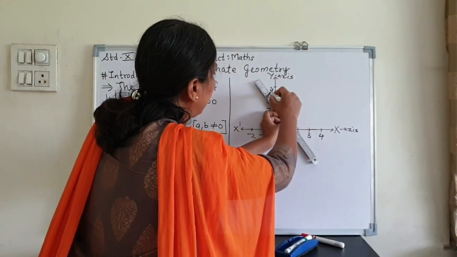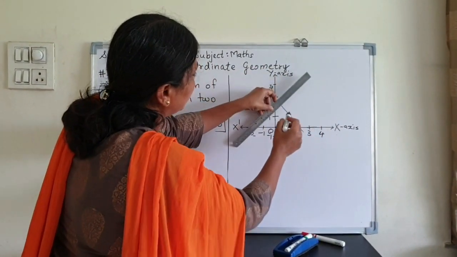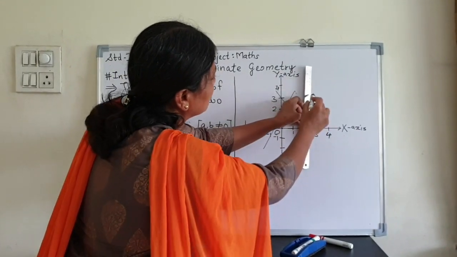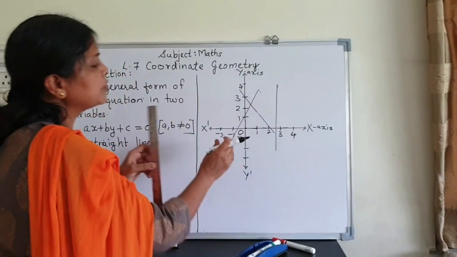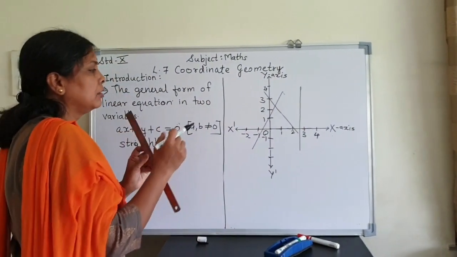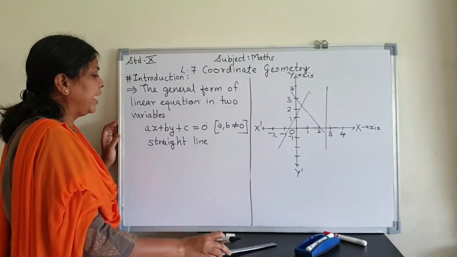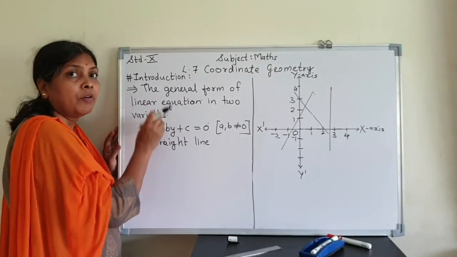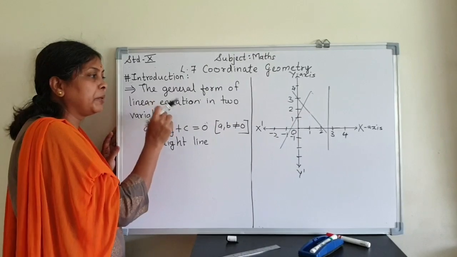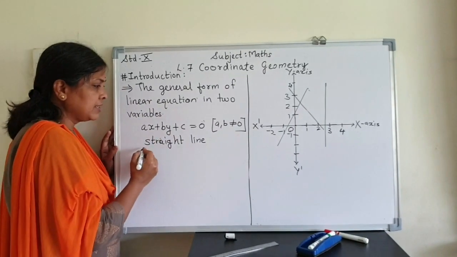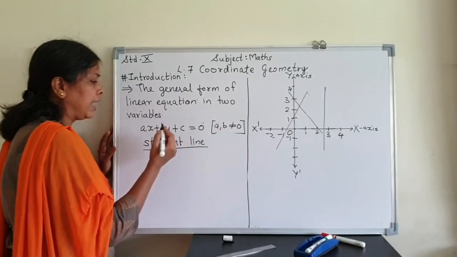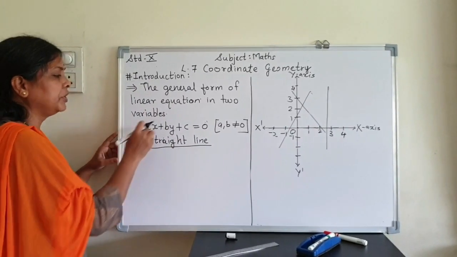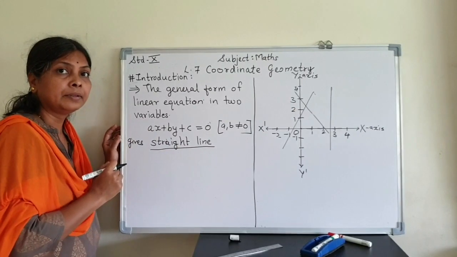It could be a straight line like this, like this, or like this, parallel to the y-axis. So this is how we get different types of graphs for a linear equation in two variables, but they are always a straight line. The graph of this gives us a straight line.